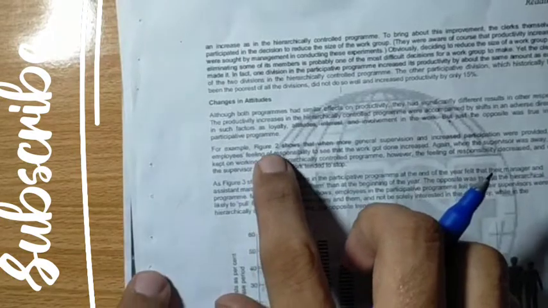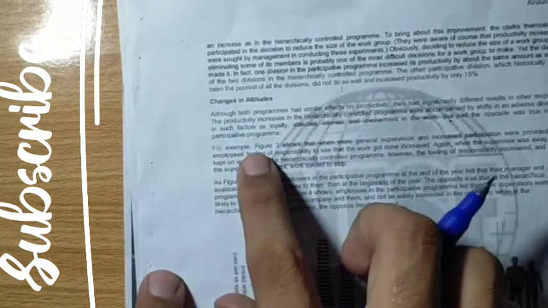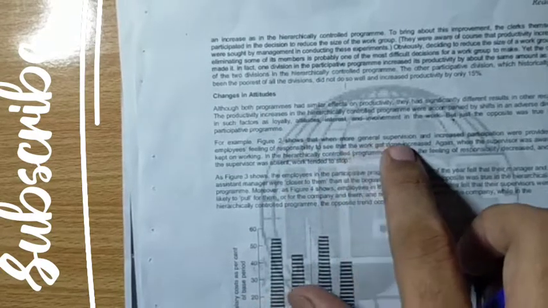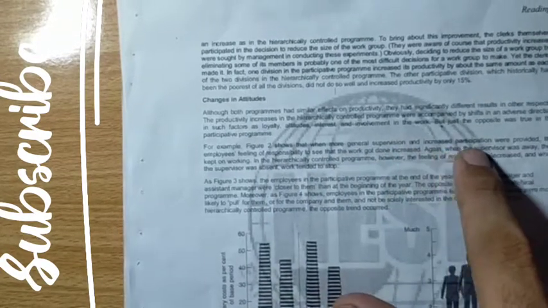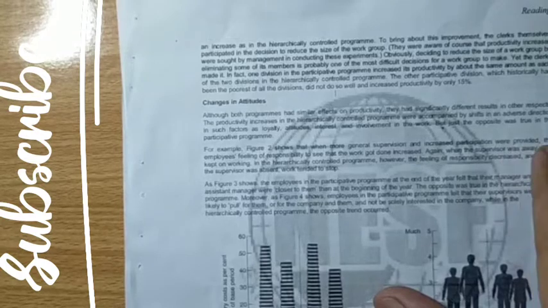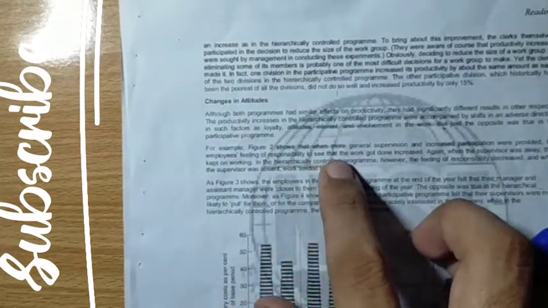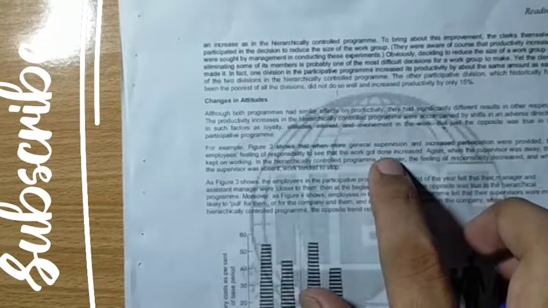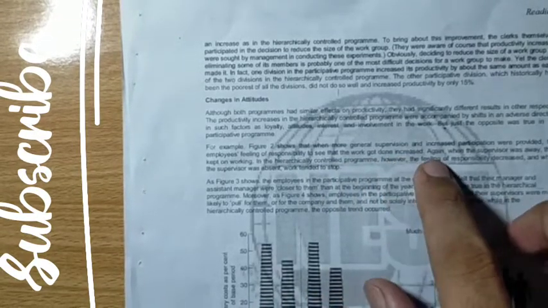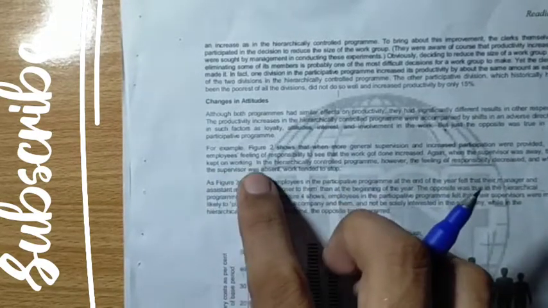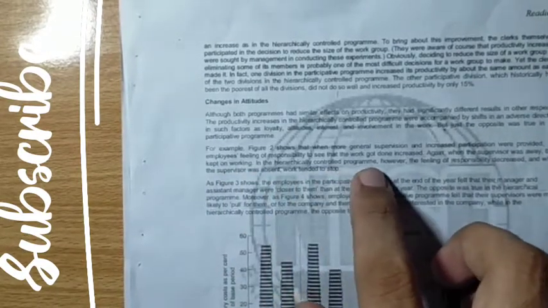So here is the figure 2 paragraph. For example, figure 2 shows that when more general supervision and increased participation were provided, the employees' feeling of responsibility to see that the work got done increased. Again, when the supervisor was away, they kept on working in the hierarchically controlled program.